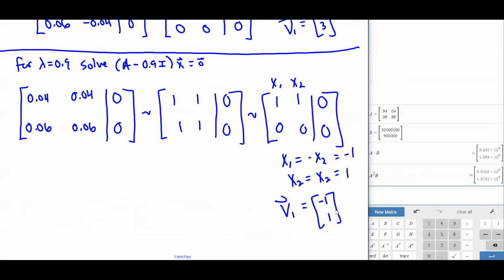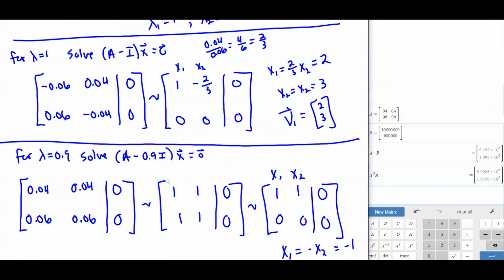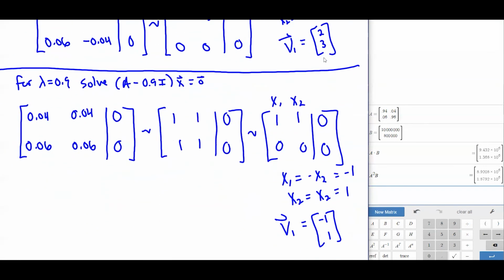Okay. So here's where we're going to get cute. These two eigenvectors are in R2. They are linearly independent. That means they span R2.